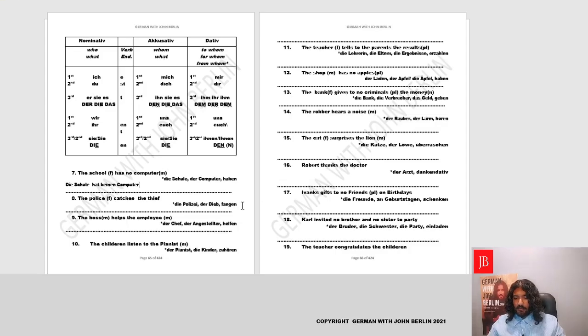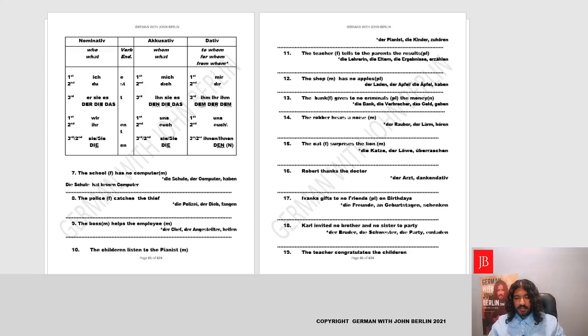Perfect. Moving forward, we have: the police catches the thief. The question is who catches whom? So first I'll highlight who, and then I'll highlight whom. Perfect. So the police is feminine. So we go to who, we go to feminine, the, and we write here die Polizei.